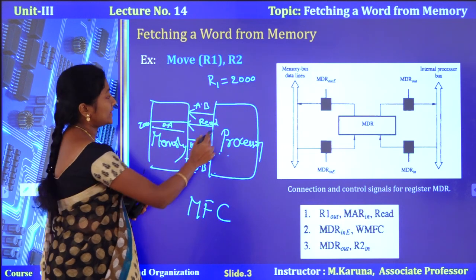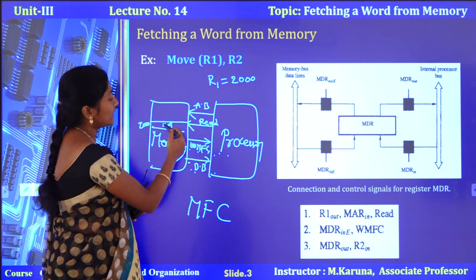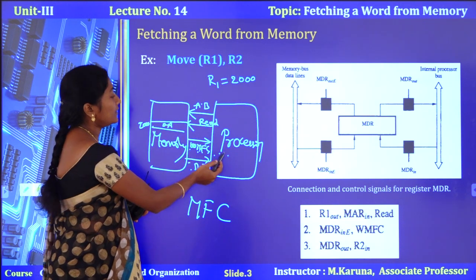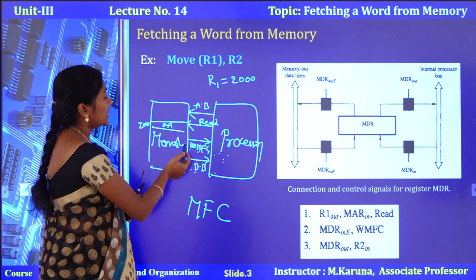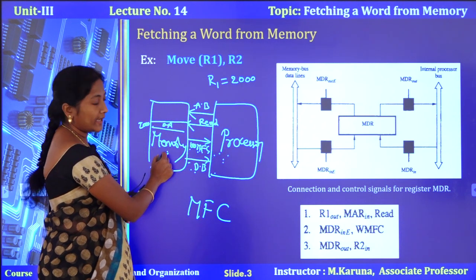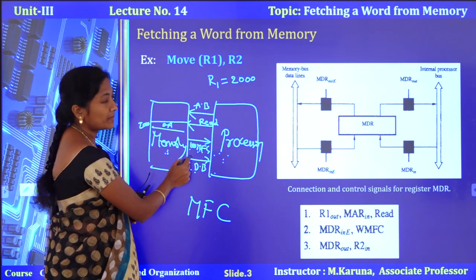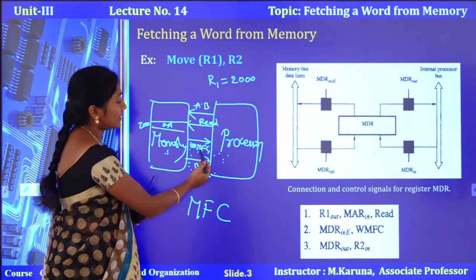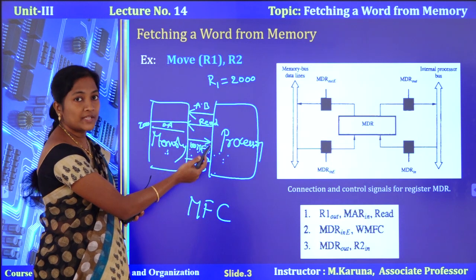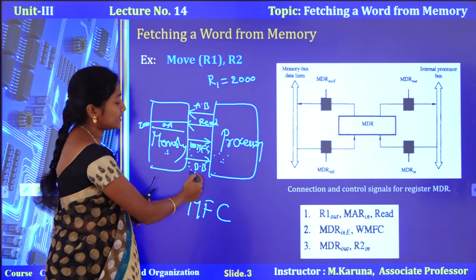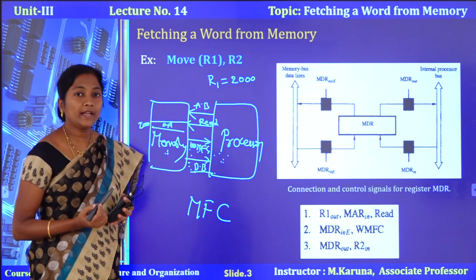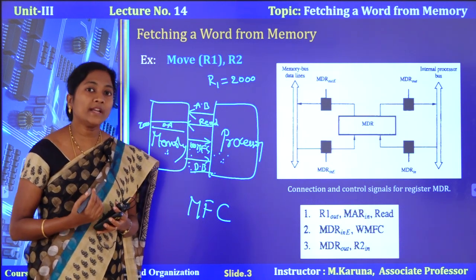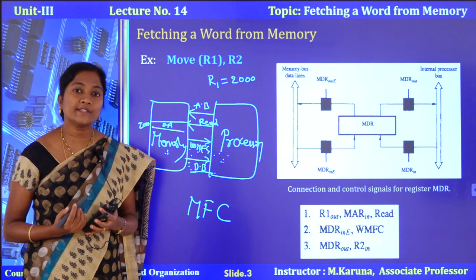First the processor sends the address and then the read signal to the memory for reading the data, and then waits for the data. Whenever memory places the data on the data bus, it issues the memory function complete signal to the processor. After receiving this signal, the processor collects the data on the data bus through the MDR register. Likewise, the read operation takes place between processor and memory.